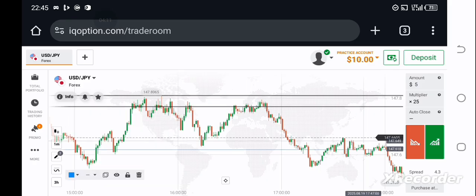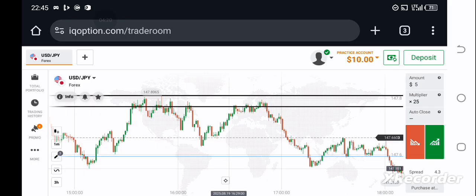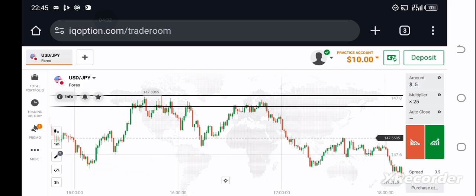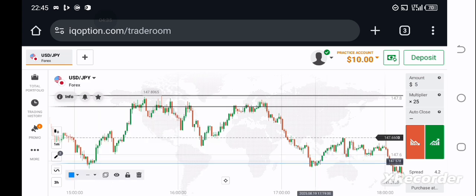So what about the demand zone? The demand zone, look at this particular chart here. That's the last bearish candlestick here. For us to bring out the demand zone, look at this last bearish candlestick, the entire body and the wick.